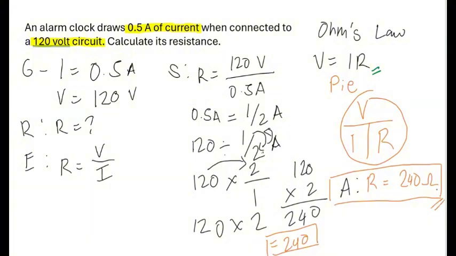And of course, using our pie, we find our resistance by dividing the given voltage by the given current.